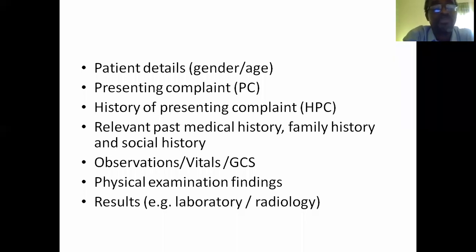This relevant information may contain patient details, gender, age, presenting complaint, history of presenting complaint, relevant past medical history, family history, and social history, observations, vital signs, Glasgow Coma Scale, physical examination findings, laboratory and radiology results. It may contain some of these.